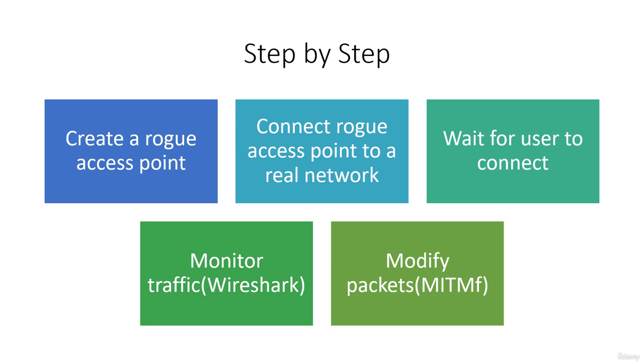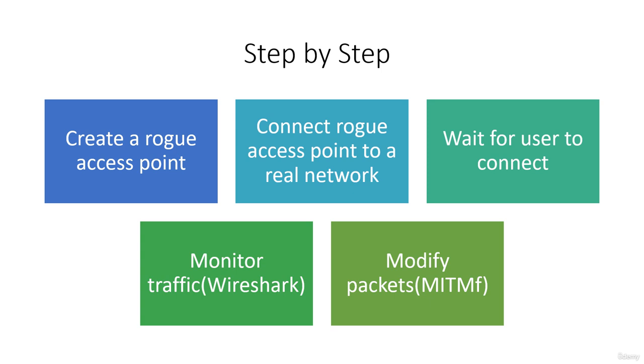The step by step of the attack consists of first creating the rogue access point. As we saw in our previous lectures, connecting the rogue access point to a real network. Then the user connects to the rogue access point, which is connected to the real network.